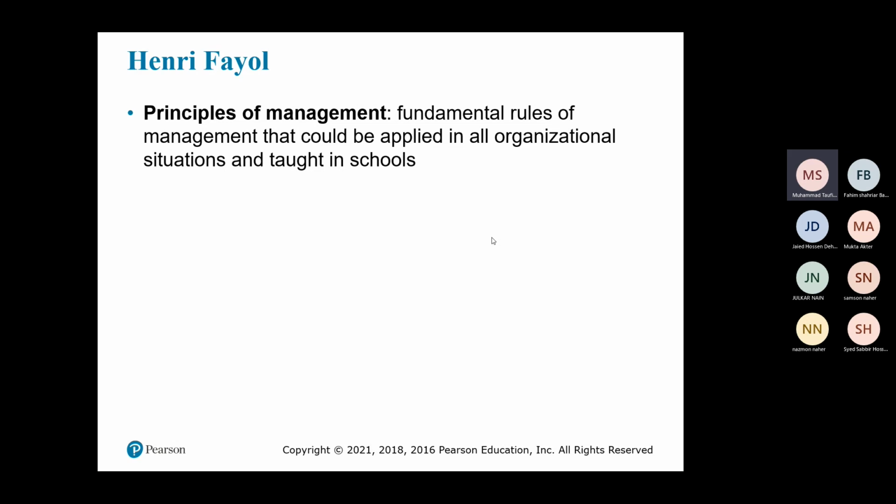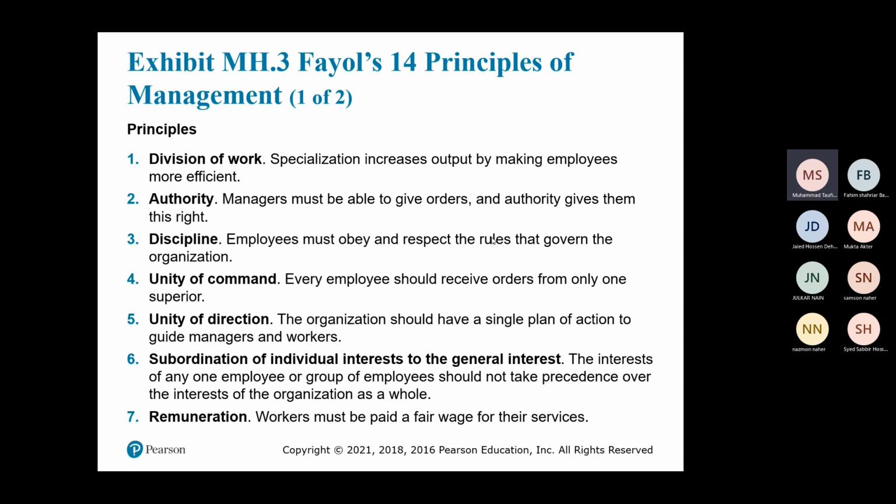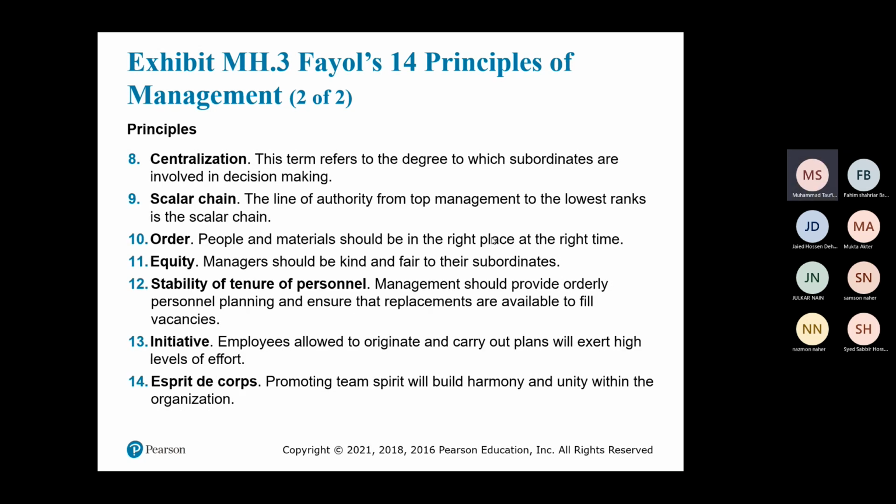So what are the things that Fayol highlighted in his principles of management? There are 14 principles. First is division of work, and then authority, discipline, unity of command, unity of direction, subordination of individual interest to general interest, remuneration, centralization, scalar chain, order, equity, stability of tenure of personnel, initiative, and lastly, esprit de corps.